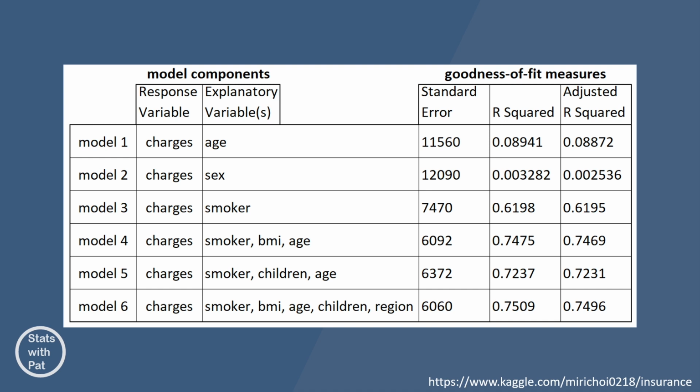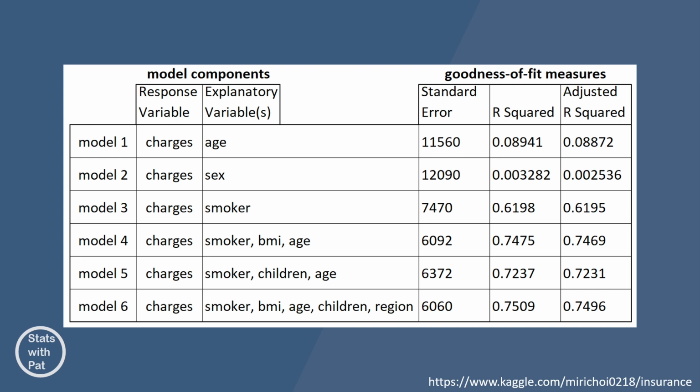But if we look back to the adjusted R squared, it is the superior model. The fact that it's only a little bit above model 4 might indicate that children or the region that the people are from might not have a very big impact on the model. So it may be something that we consider throwing out altogether.